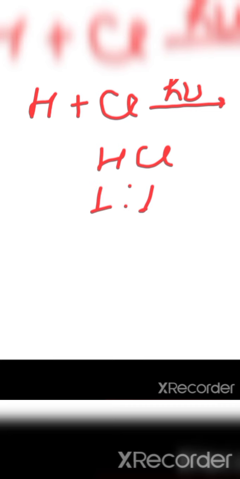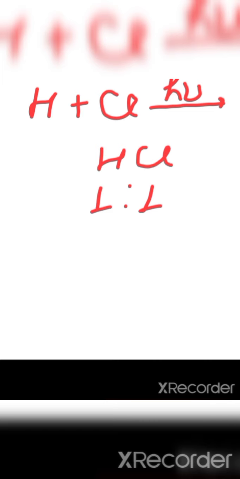One hydrogen atom and one chlorine atom combine with each other and give HCl. What is the fixed ratio? 1:1. Compound is also a pure substance which contains different atoms in a fixed ratio, means H and Cl were different kinds of substances and then produce a new kind of substance, HCl.